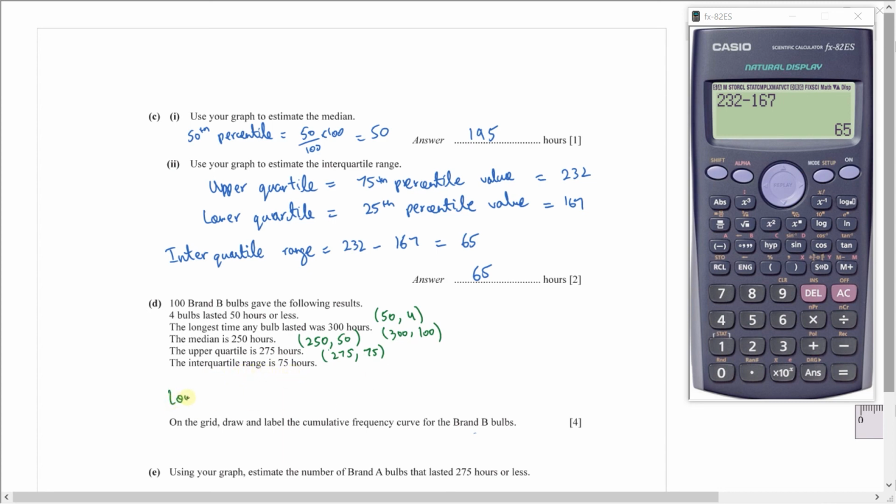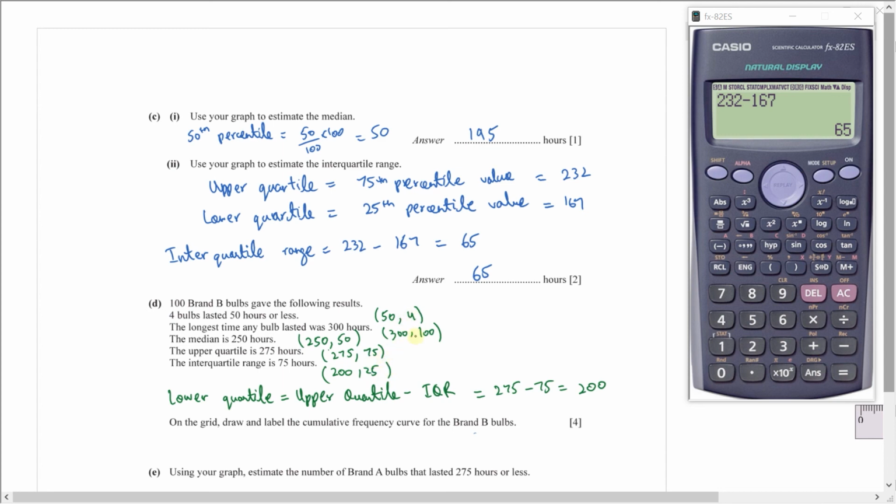So you can calculate the lower quartile through this: upper quartile minus your interquartile range. I'm writing it as IQR. So your upper quartile is 275 minus your interquartile range, 75. So you get 200. So that means 200 is your lower quartile, and lower quartile is at the 25th percentile of 100. So you will have 25 here.